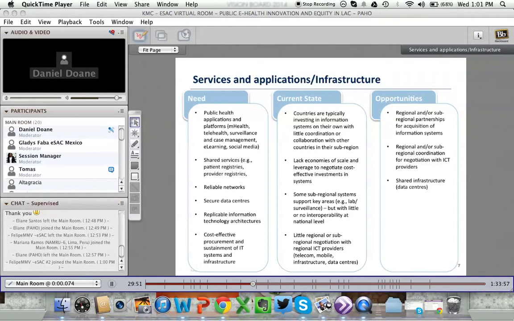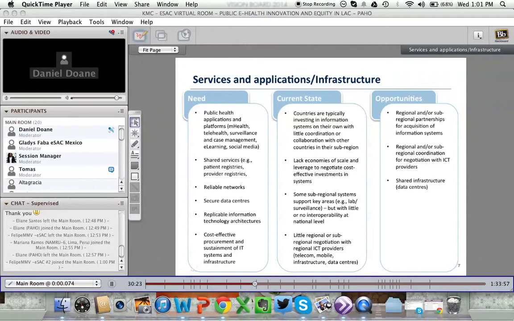While every country and every even local area has its unique requirements, generally countries within the sub-regions are trying to achieve some of exactly the same things. And there really is a real opportunity here to save money and to get better costing and to reduce the cost of long-term sustainability by partnering and working more collaboratively in terms of developing and acquiring these systems, but also being able to support these systems.